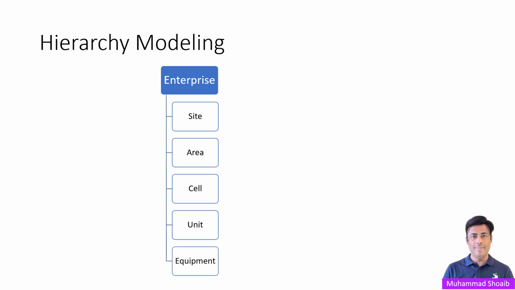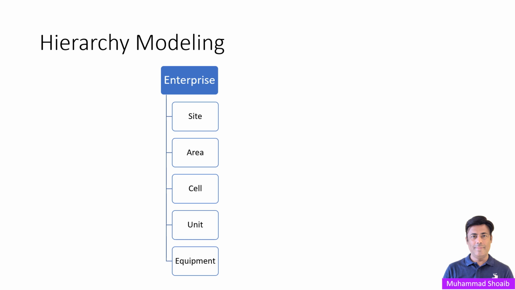And in the last, we have the equipment, which we will configure in this tutorial video. But all of this is our naming hierarchy, how we will create an instance and how we will name our variables.